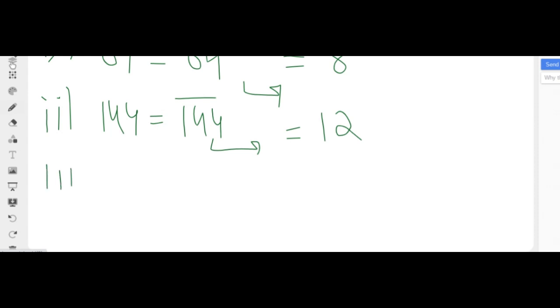Understood? And for the third part, we have 4489. Now this has 4 digits, so the answer will have 3 digits.